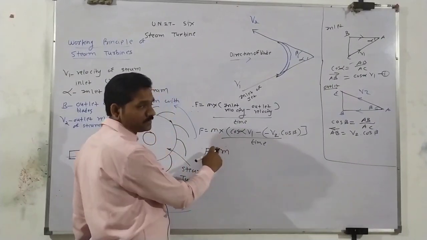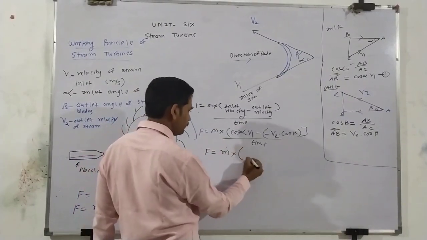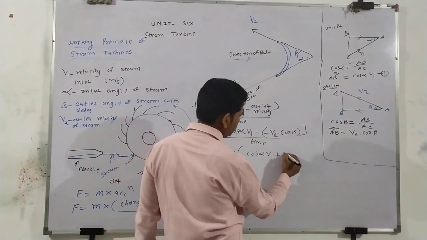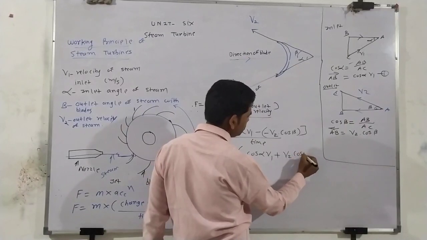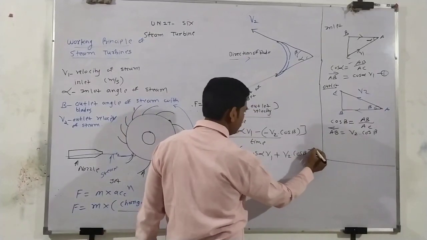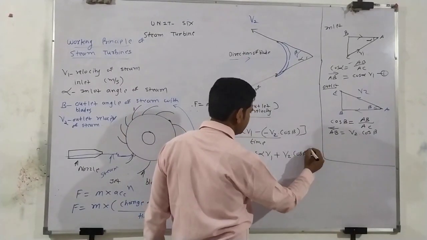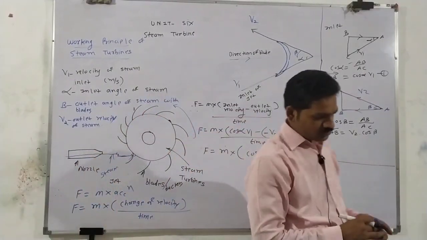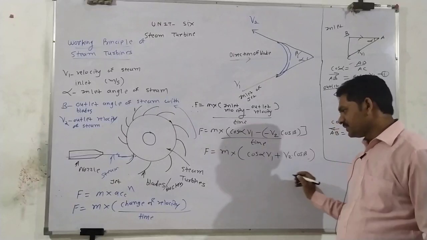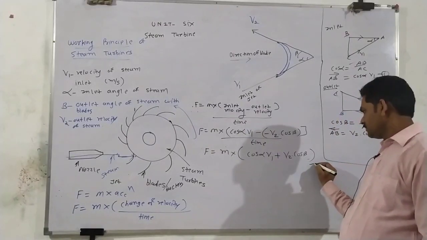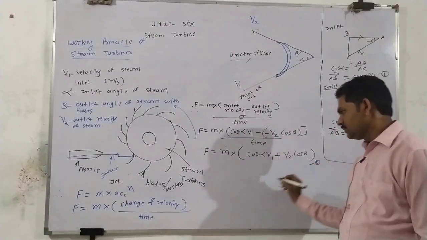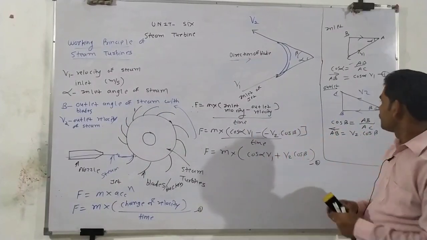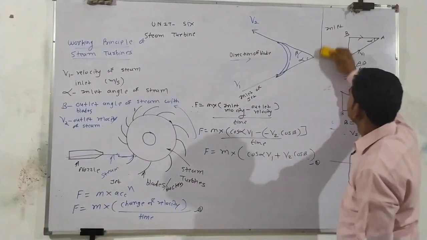M upon time becomes m dot into cos alpha V1 plus V2 cos beta. We get this equation, right? Force is equal to mass flow rate into this. Suppose I call this equation number 2, and this is my equation number 1. Okay, so I erase these things.